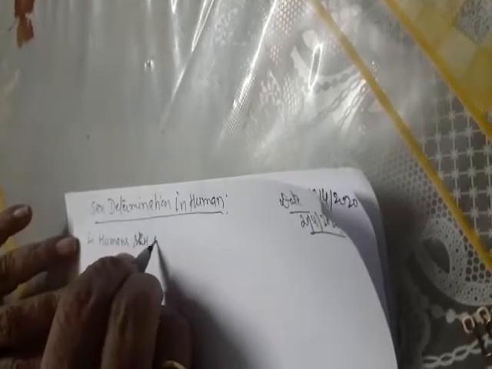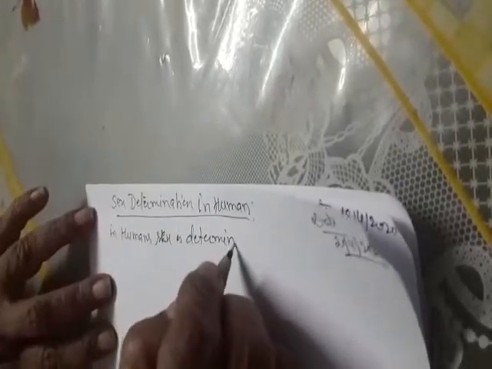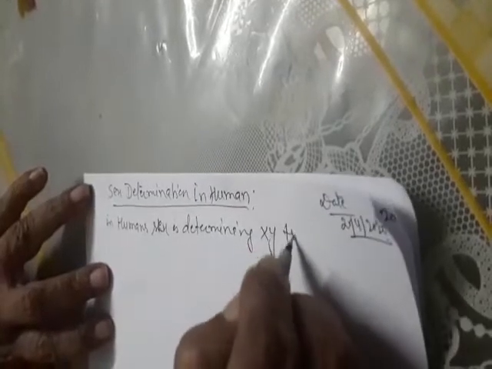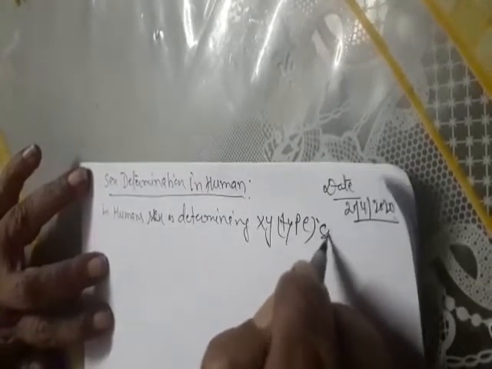In human, sex is determined by the XY type, the XY system.